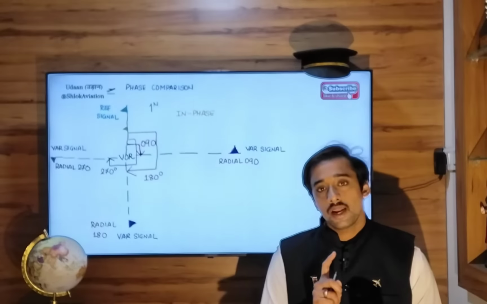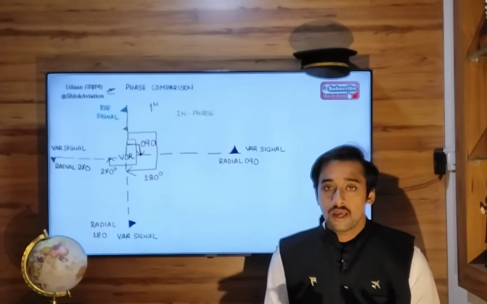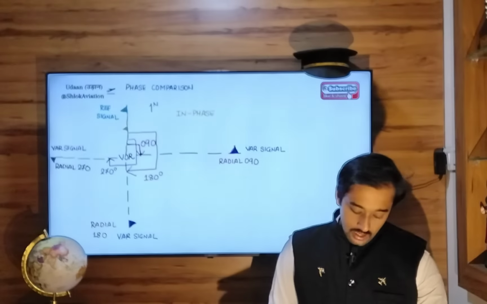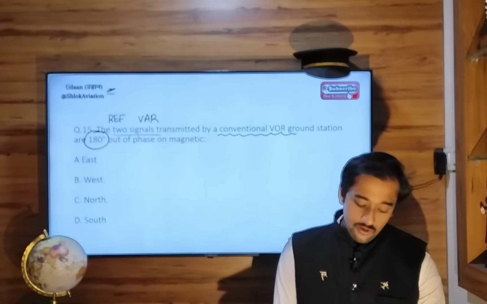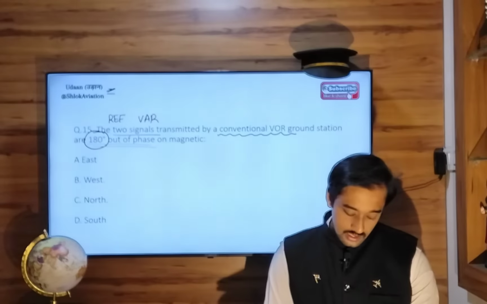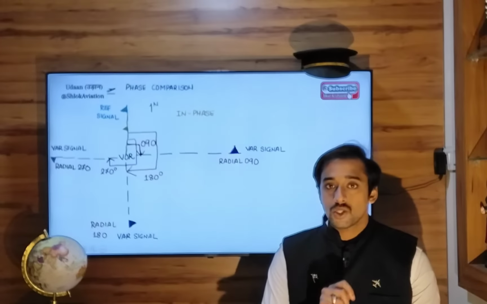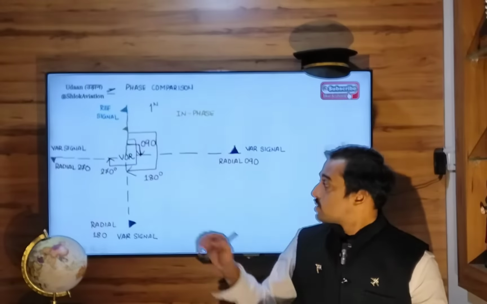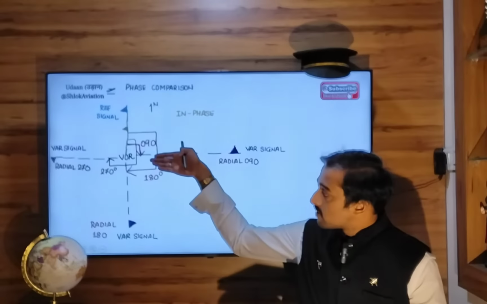Only at 360-degree direction or 000 degrees, these two signals will be in phase. Now, if the question states that they are 180 degrees out of phase with each other, it means there is an angular difference of 180 degrees between the reference wave and variable wave. So that is possible here.